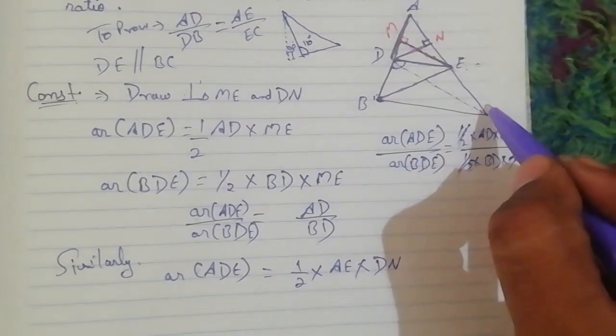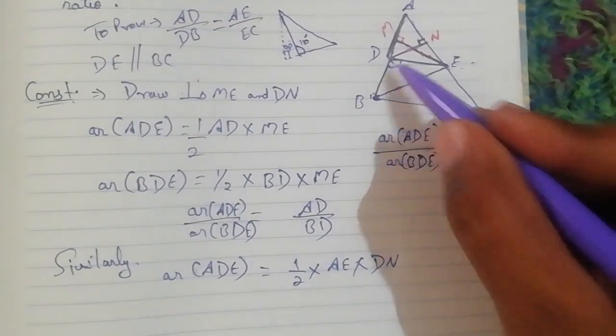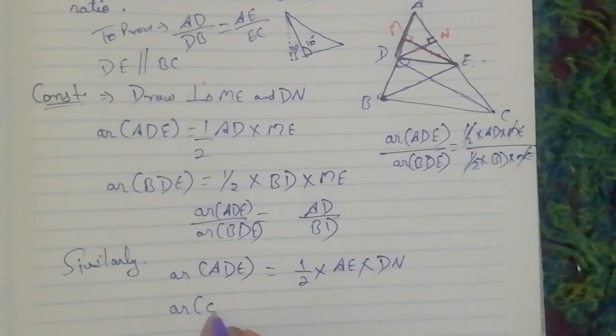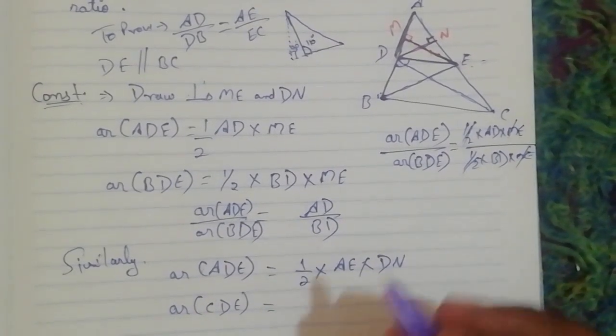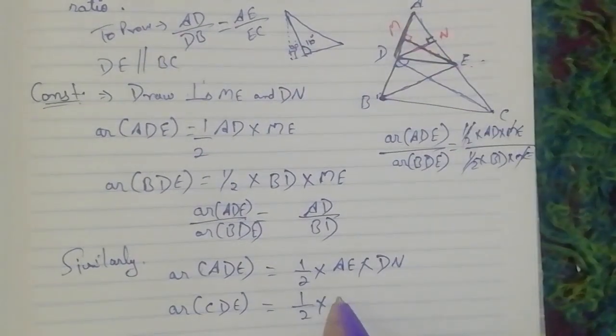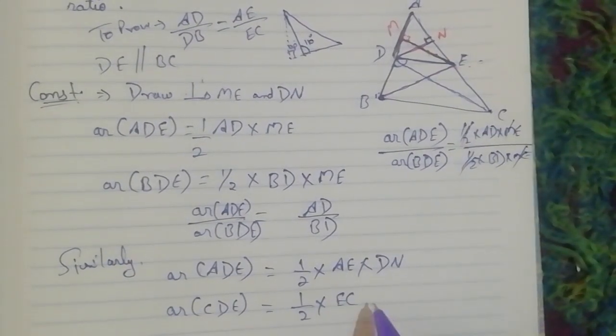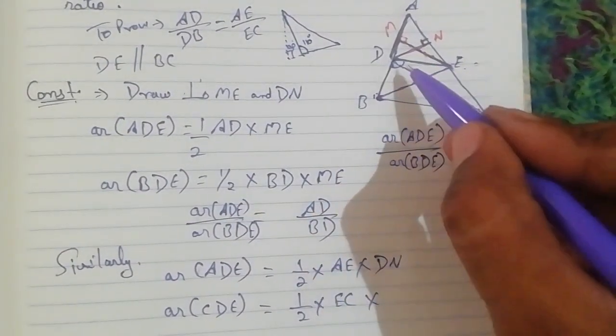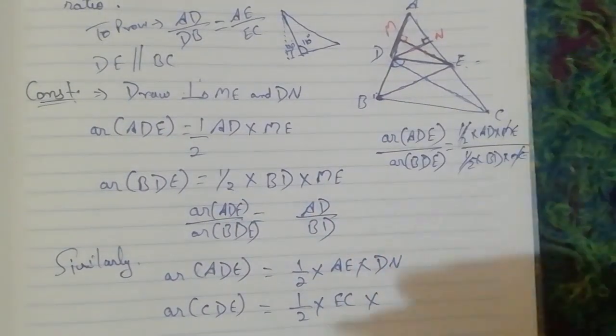Now if we take triangle CDE, area of triangle CDE, so what is this? This is nothing but 1 by 2 into, now base is the same, that is EC, into, now this is the obtuse angle triangle, so its altitude is also lying outside.